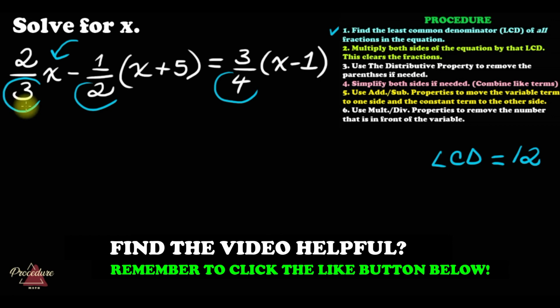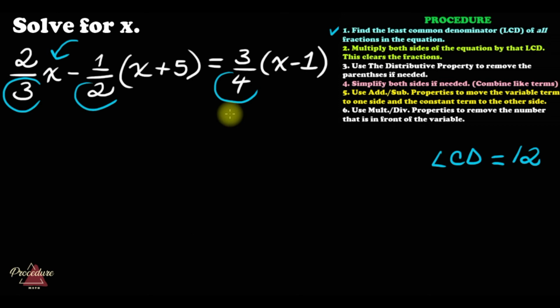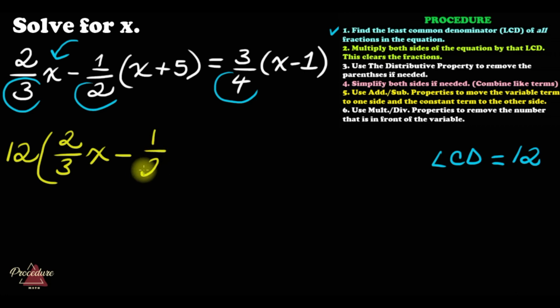Step 2 is to multiply both sides of the equation by that LCD. This will get rid of the fraction. So we're going to multiply the left side by 12, and then we're going to multiply the right side by 12. So we have 12 times 2 over 3x minus 1/2 times x plus 5.